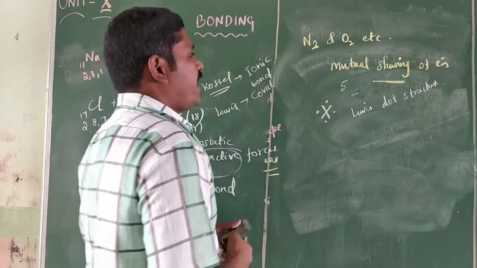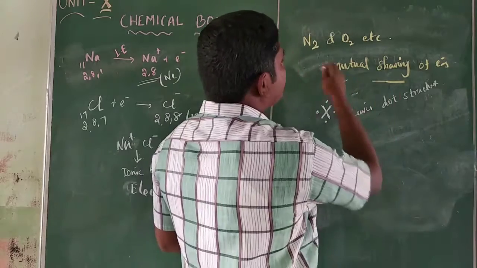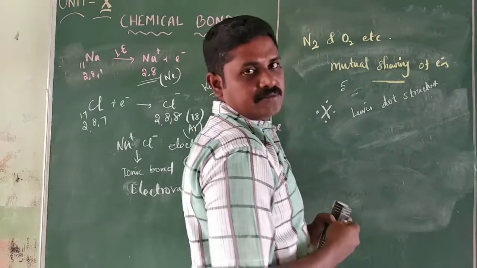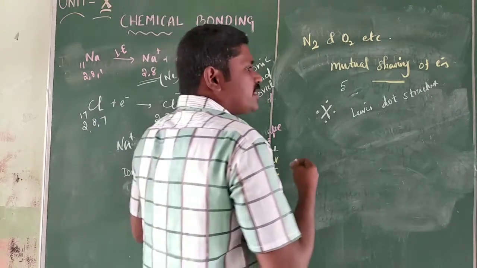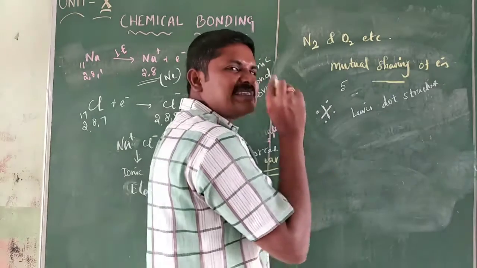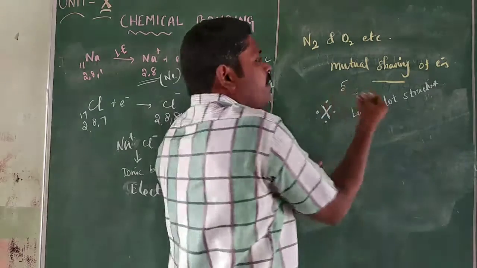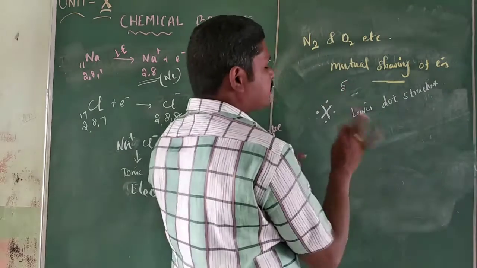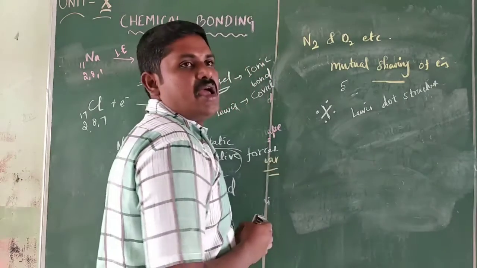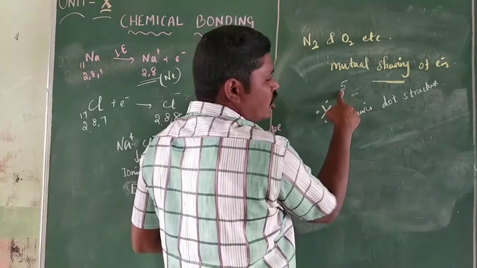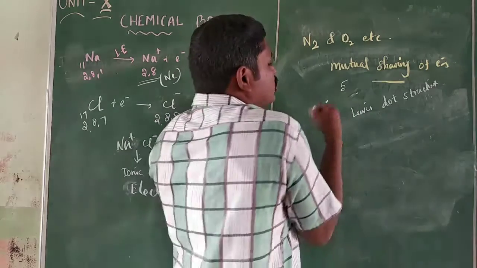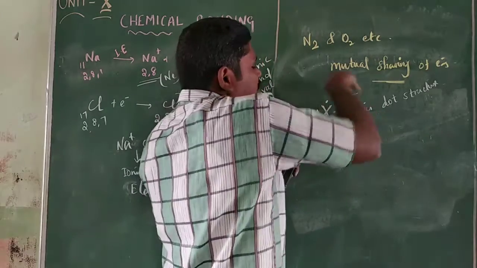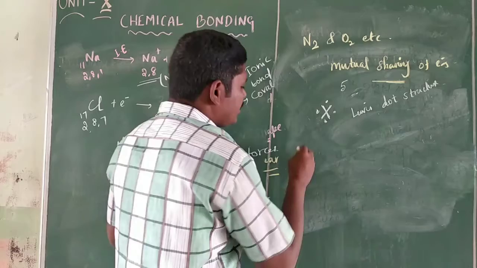The electrons present in the outer shell of the atom are represented as Lewis dot structures.